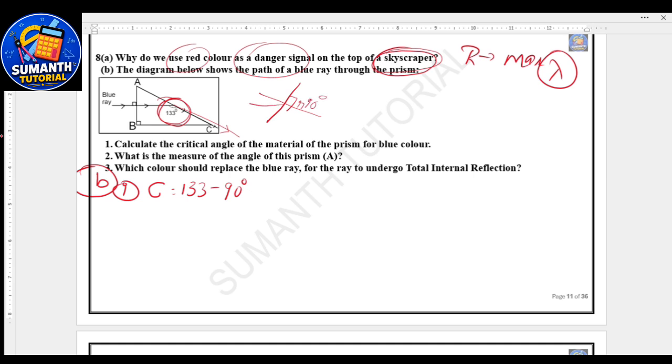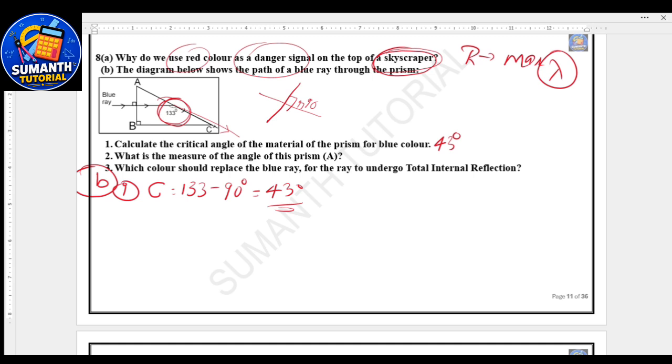If this angle is 90 degree, this is 90 degree. Based on that, the total angle is 133 here, so it is 133 minus 90, and the answer is 43 degree. That is the answer for the first question. See here, this is 43 degree. Answer is 133 minus 90.